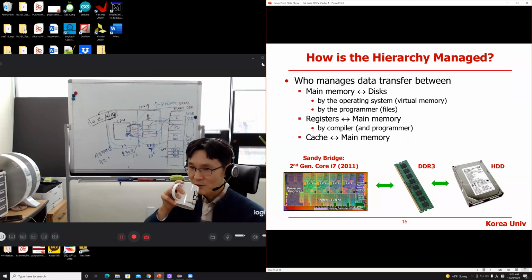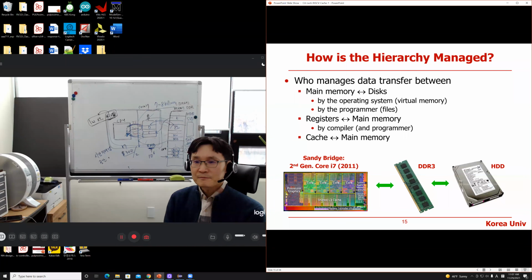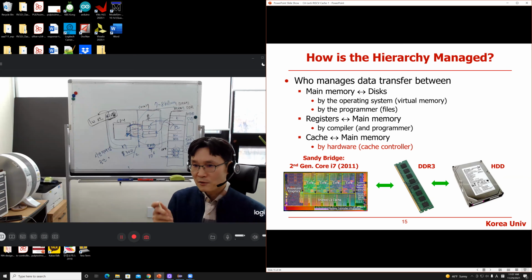Who manages data transfer between main memories and disk? By the operating system, virtual memory. By the programmer, files, registers, main memory. By compiler and programmer, cache, main memory, by hardware, cache controller. Okay, thanks. So it is very confusing. What is confusing? Who manages data transfer between these two components, right?